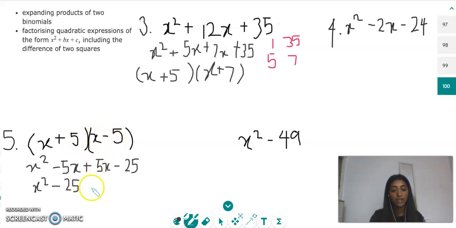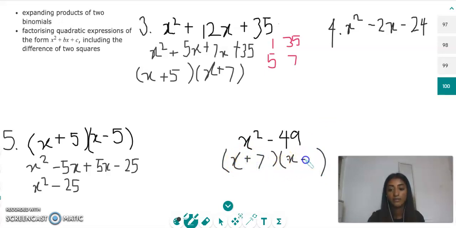So after knowing this information, can you try and work out for me what this equation would factorise out to if I write the form out for you? So yeah, correct, it would be x plus 7, x minus 7.